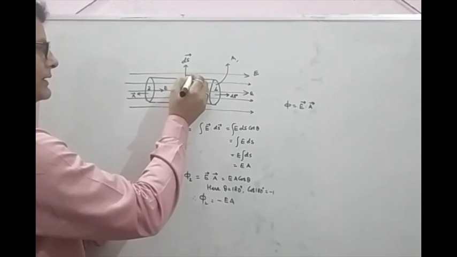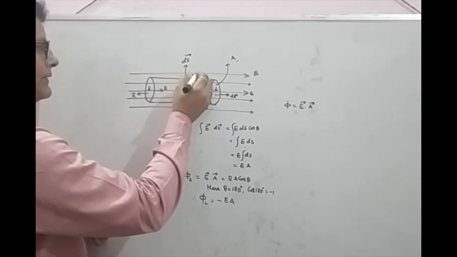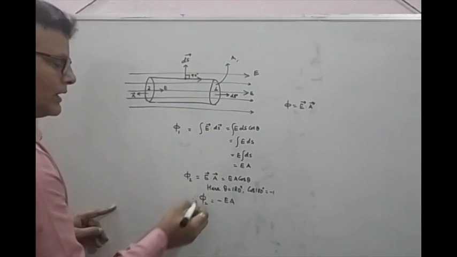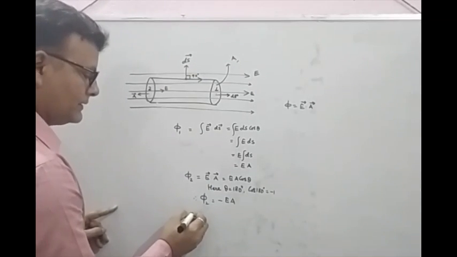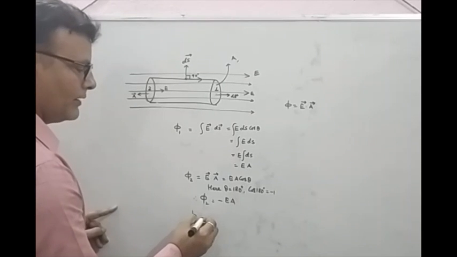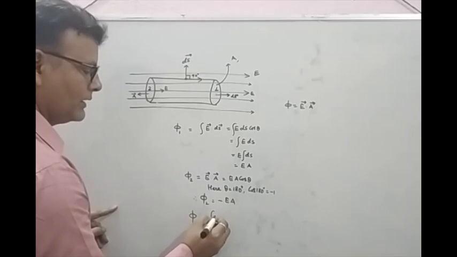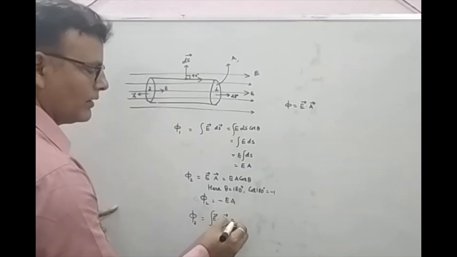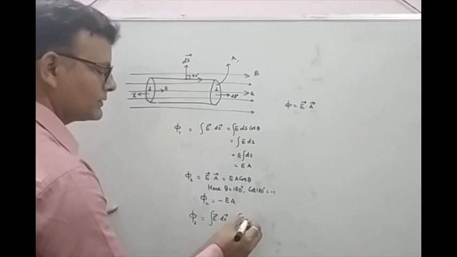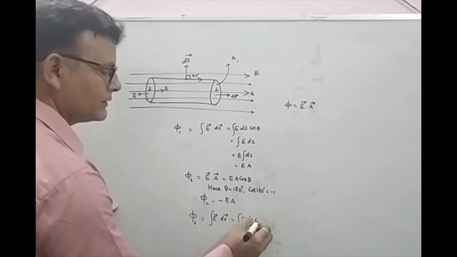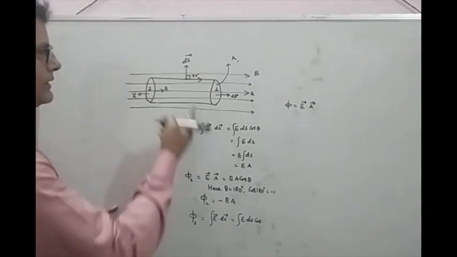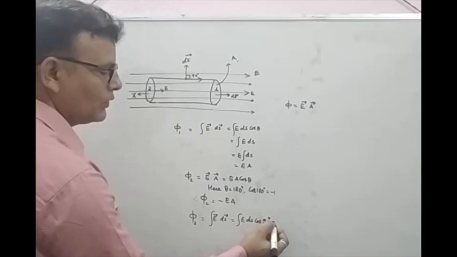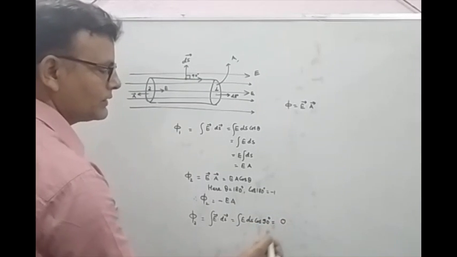The angle between area vector and electric field is 90 degree. So for curved surface, phi 3 is equal to integral E dot ds or integral E ds cos theta. Here theta is 90 degree and cos 90 is equal to 0. Therefore flux is equal to 0.